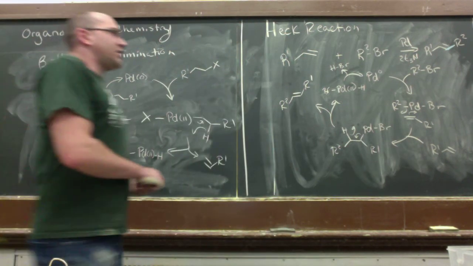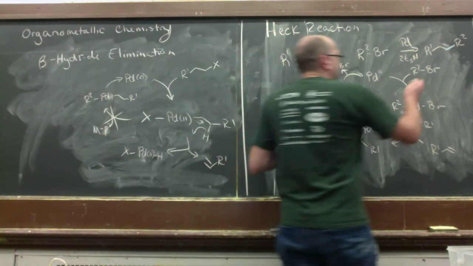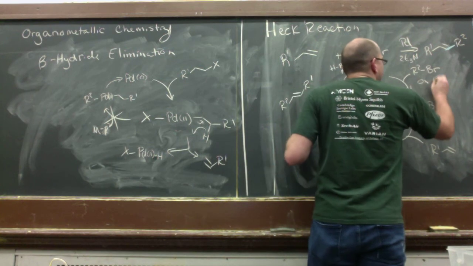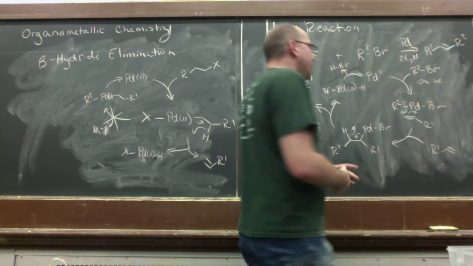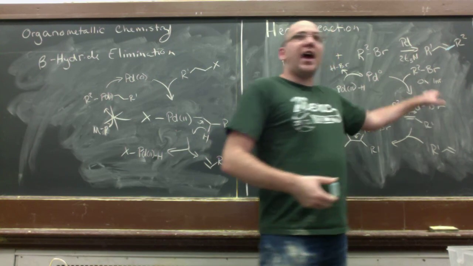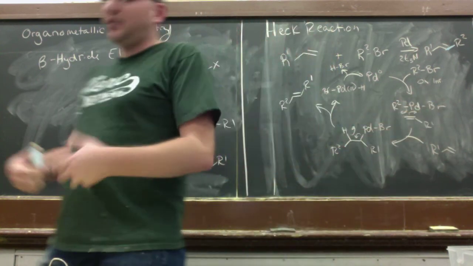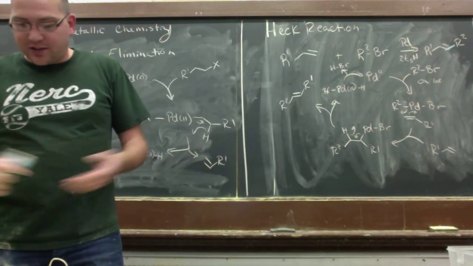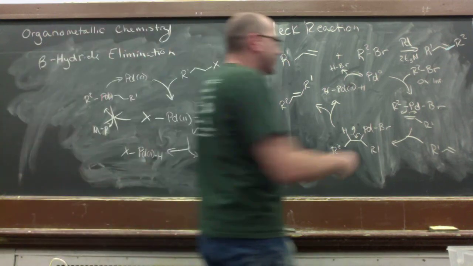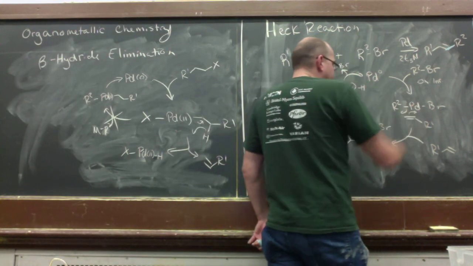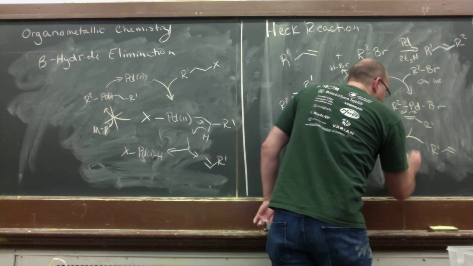But again, you notice that this is very analogous, right? We see an oxidative insertion, okay? But in this case now we're going to add across this bond. So I forget what the exact name of this is, but it's effectively an addition across the alkene, say alkene addition.